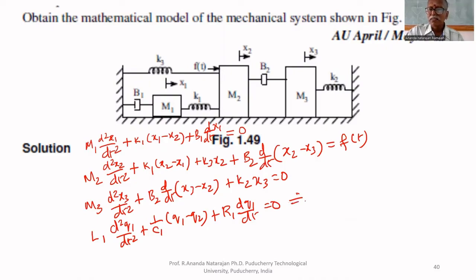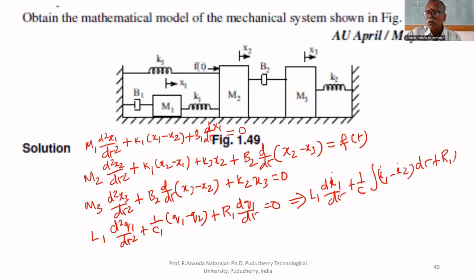This can be written as L1 dI1/dt plus 1/C1 integral of (I1 minus I2) dt plus R1 I1 equal to 0, since dq1/dt is I1.